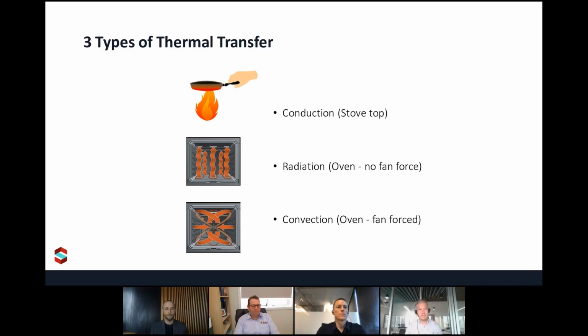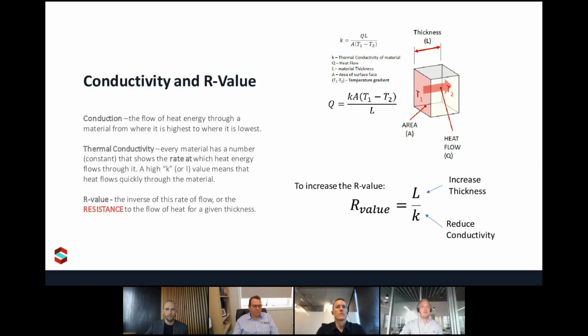All these types of thermal transfer are acting on your building envelope and working against it. But what we want to learn today is how we can minimize the effect of these types of thermal transfer, and in some cases actually use them to our benefit.